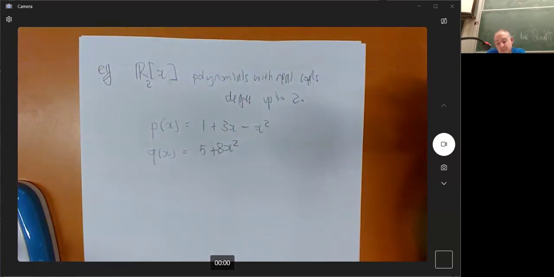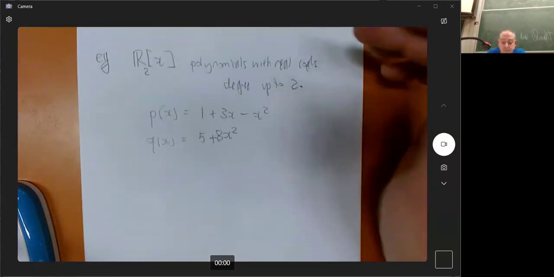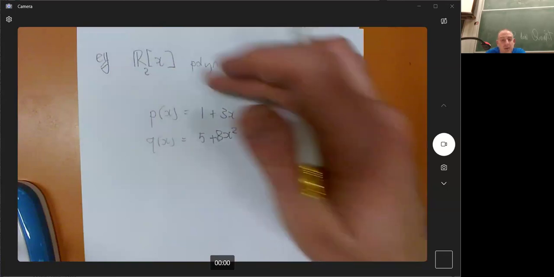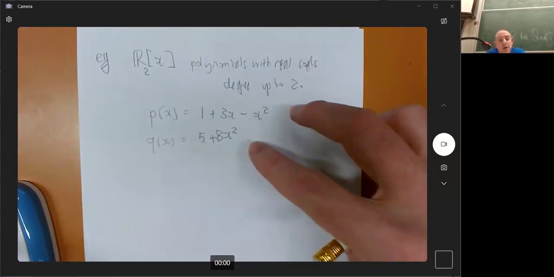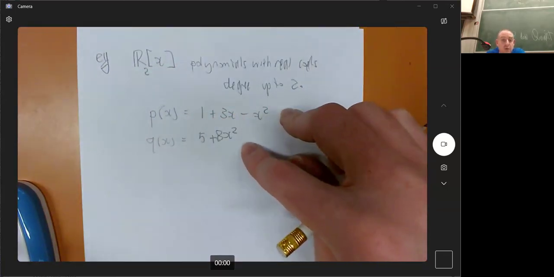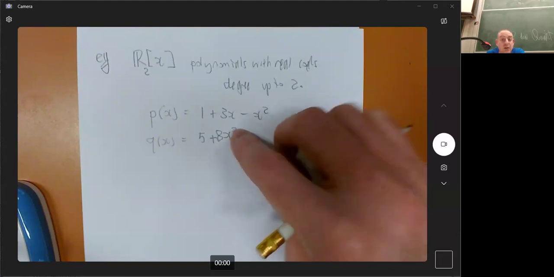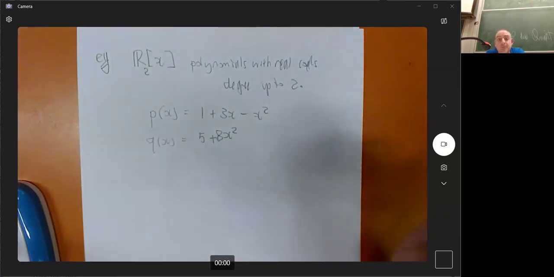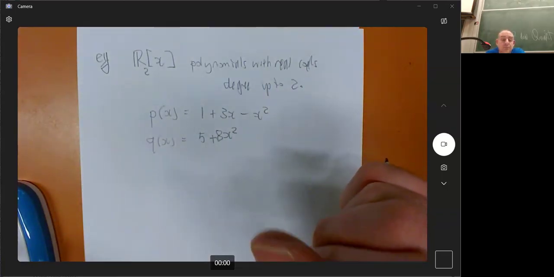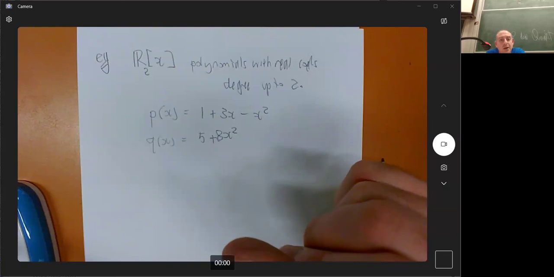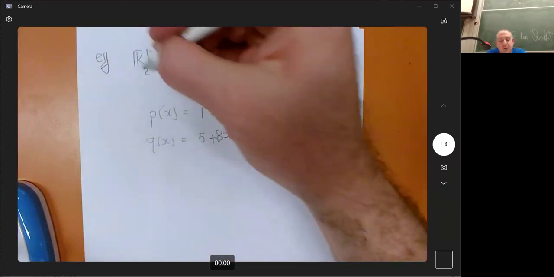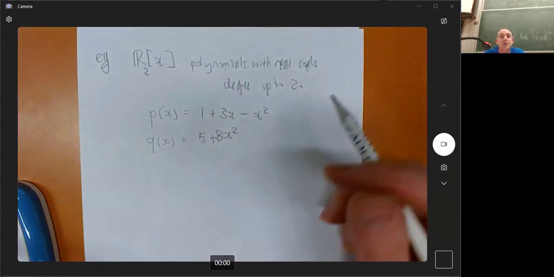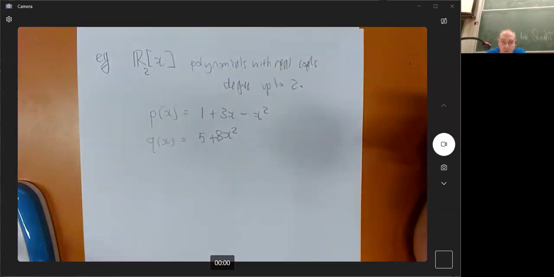Maybe I'll do a plus. These are elements of R2[x]. They're both polynomials with real coefficients. Officially, I could put pi or √7 in any of these spots. There's such a thing as Q2[x] as well, because Q is a field, but this is the most common one.